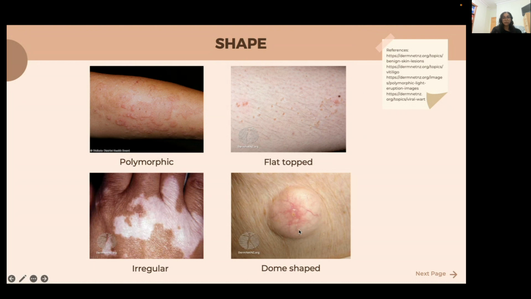Whereas when it forms a dome, then we would call it dome-shaped. And then irregular is another term that we might use when the lesion doesn't have a shape at all. So there's not really a term to describe this shape, we just say irregular.